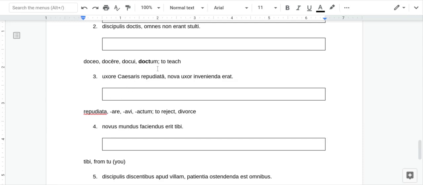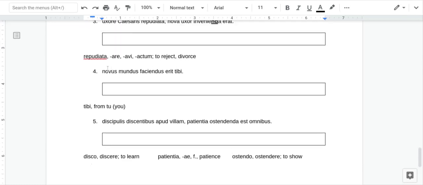And with the wife of Caesar having been divorced, a new wife had to be found. So you've got both constructions here. You can see the -nd- here. You always want to look for the -nd- and the verb to be. And that here creates "had to be." A new wife had to be found.